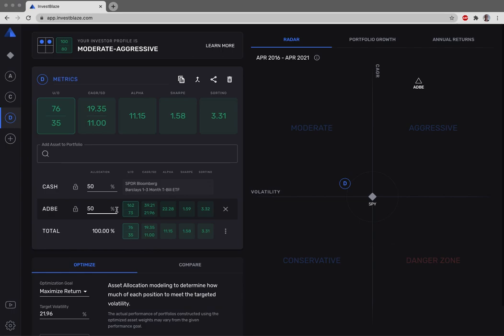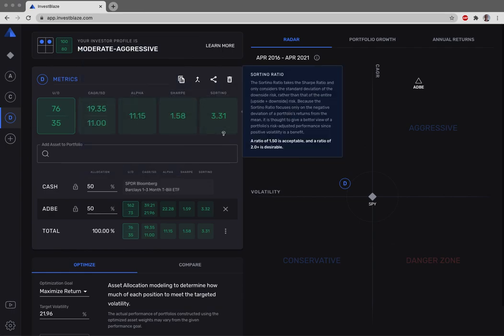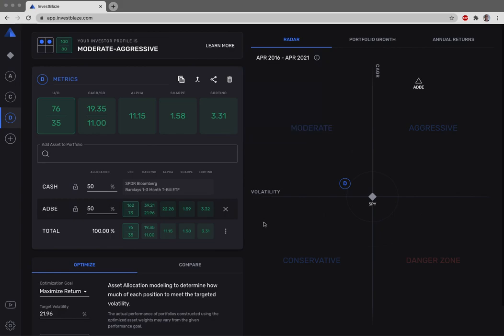In that case, you'll still see everything's very green and you have a Sortino ratio, which we like well above 3. So this is pretty positive. This is pretty solid. I would never recommend a single stock portfolio, but it gives you an idea of the power of asset allocation with cash. That's it for today's segment.